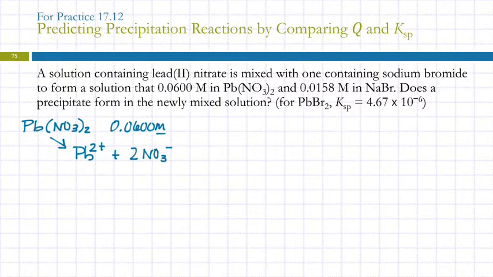So just for practice, what's the concentration of the lead-2 ion? 0.060. What's the concentration of nitrate ion? Twice as much, right? Because we get 2 nitrates. So that's 2 times 0.0600.